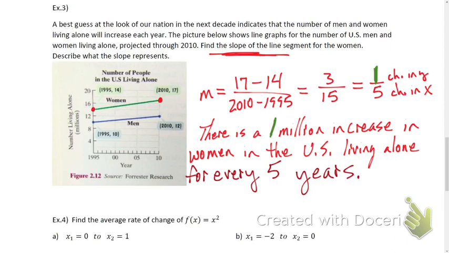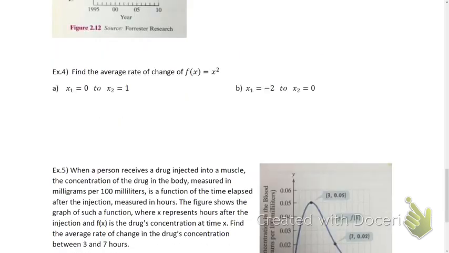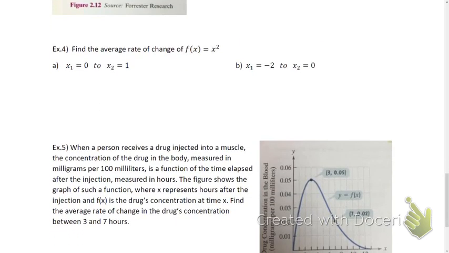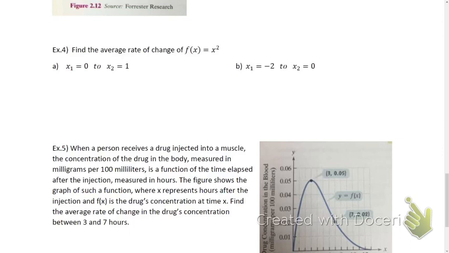All right, let's try one more. For A, this time it wants us to find the rate of change, the slope for a parabola. If you type x squared in, you get something like this. And you can still find the slope because they give us 2 spots that they're referencing. So they're talking about this spot at 0.